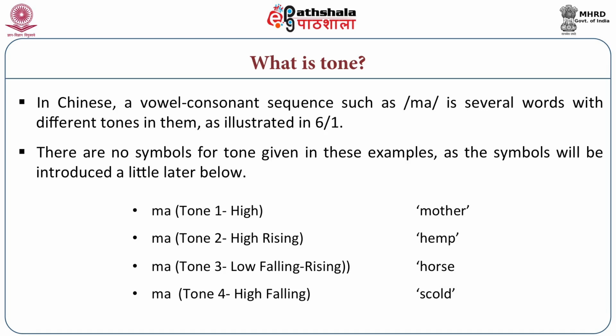So the word ma, used when uttered with different tones, high tone or high rising tone or low falling rising tone or high falling tone, has 4 different words, one meaning mother, second meaning hem, third meaning horse, and fourth meaning scold.